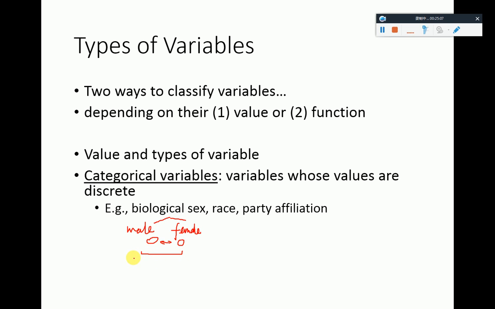You could place male here and female here, or you could place female here and male here, but that doesn't mean anything. There's no way to place two discrete entities on any kind of scale or continuum that implies some kind of continuity.